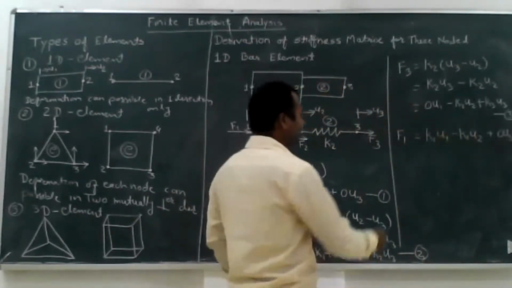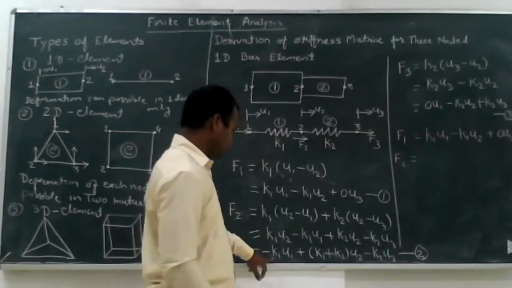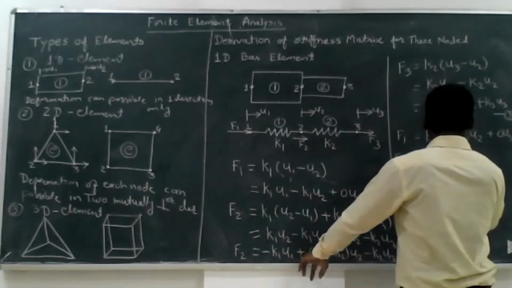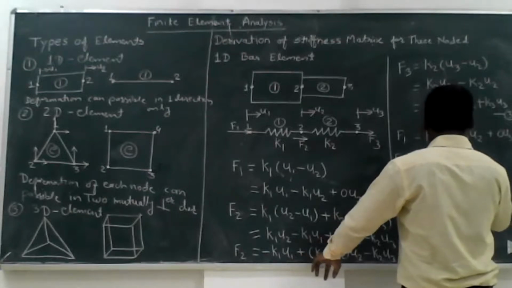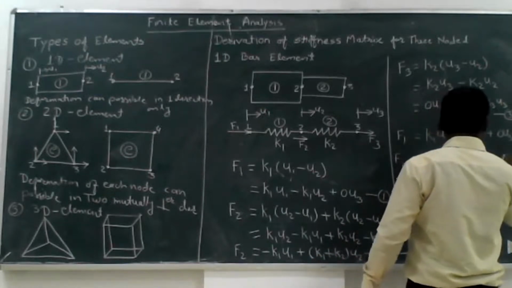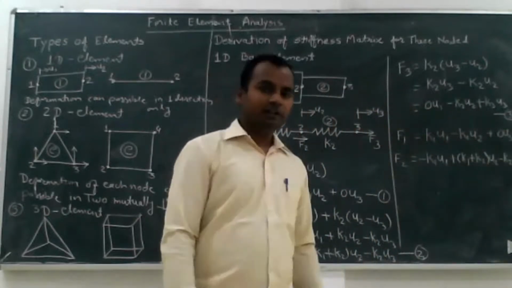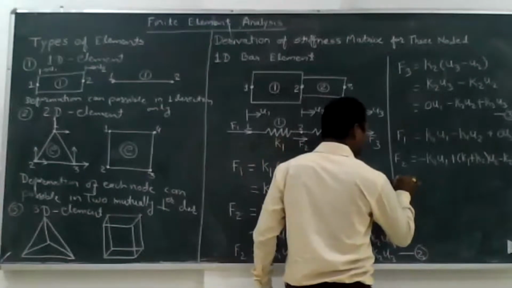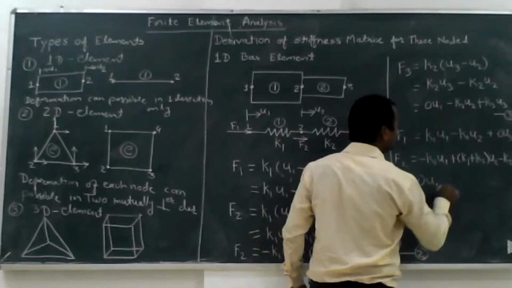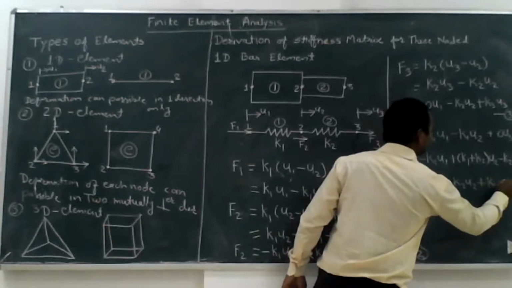Thereafter, F2 is equal to minus K1 U1 plus K1 plus K2 into U2 minus K2 U3. And at last, F3 is equal to 0 U1 minus K2 U2 plus K2 U3.